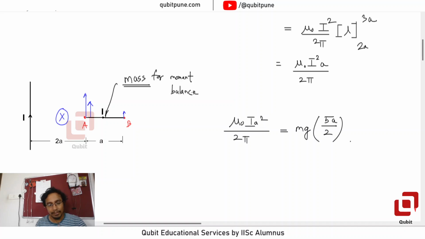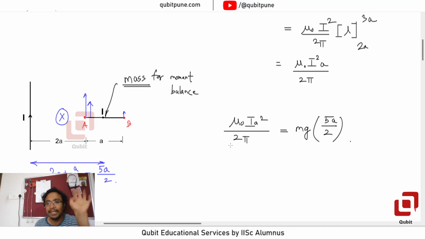है ना? Because if the mass is assumed to be m, what moment is it going to produce about this? This is 2a plus a by 2, so this will become 5a by 2. That 5a by 2 needs to be multiplied by the force due to the weight of that object.